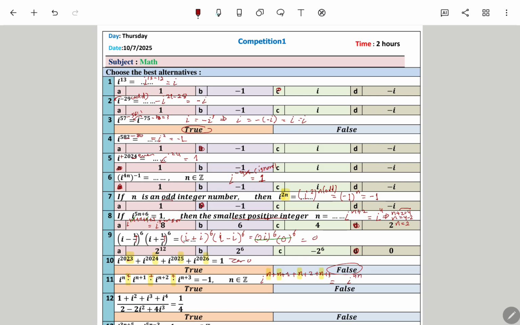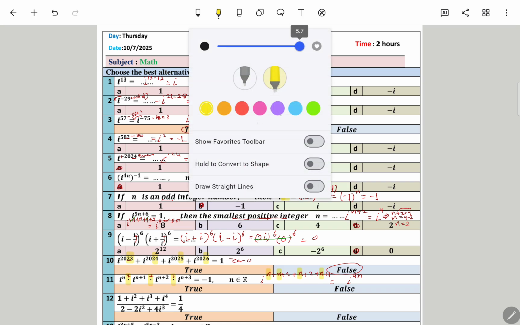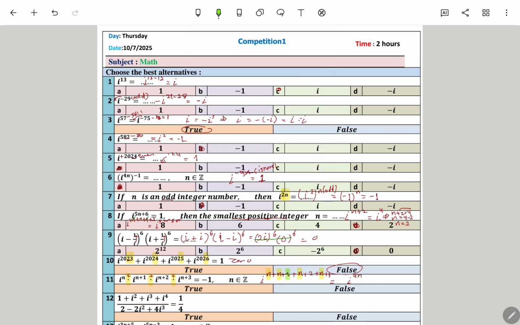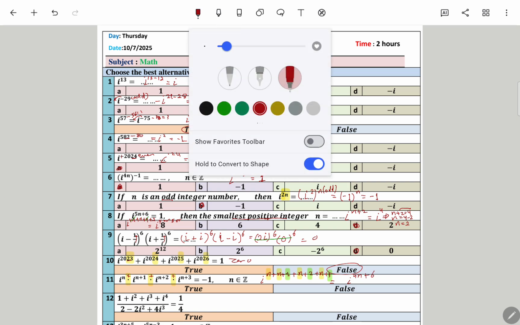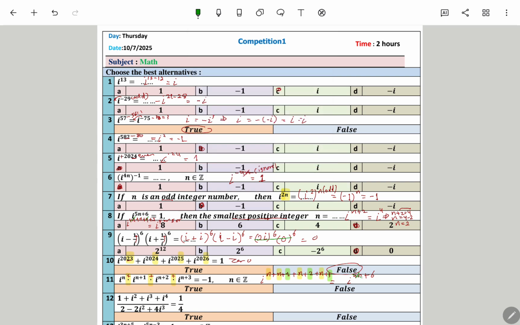And try to focus on the other numbers, which are 1 and 2 and 3. This will give you 6. So we can have plus 6. Now, we said before, anything to the power of 4n or a multiple of 4, you can ignore it because that will give you 1.